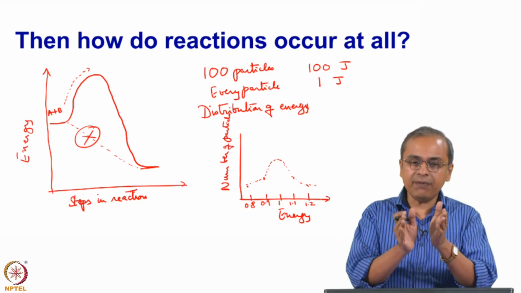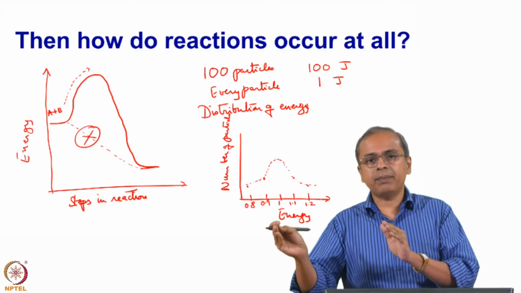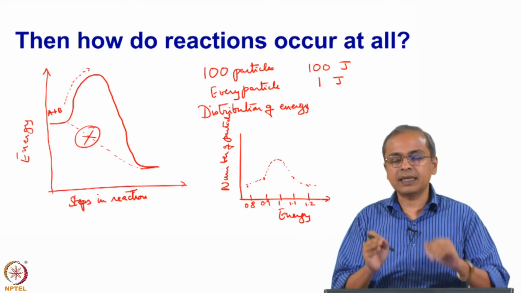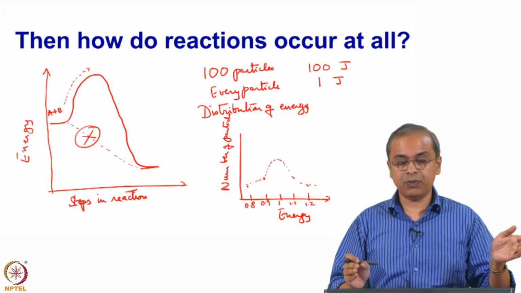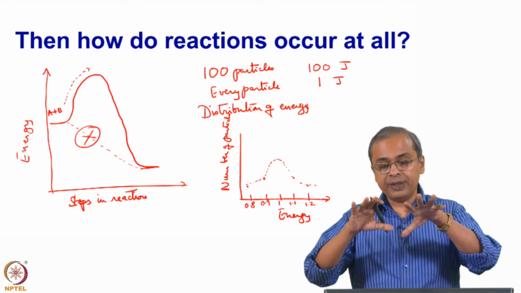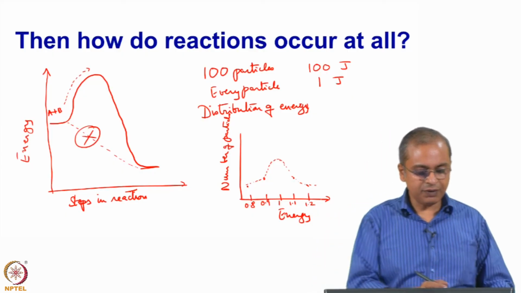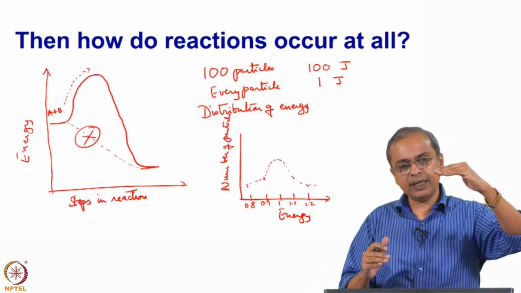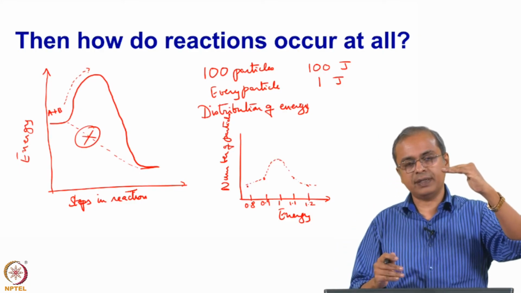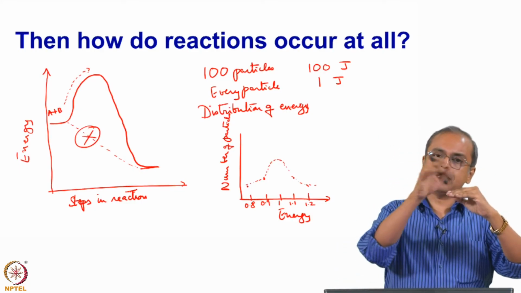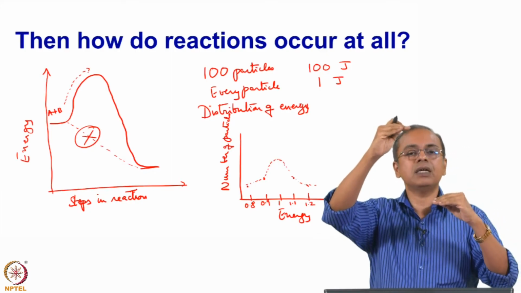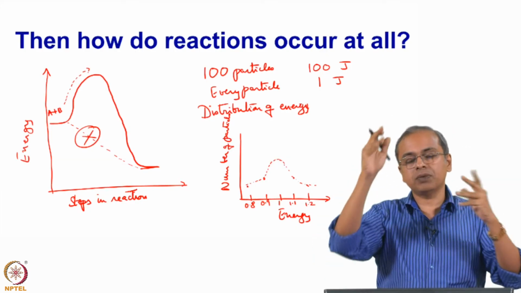So, at any given instant you will have some number of particles which have higher than the average amount of energy and some number of particles lower than the average. With this kind of distribution, even though the reactants are on average sitting at some level of energy, amongst the reactants there will be some particles which together have energy equal to or above that barrier, and that is how the reaction starts.